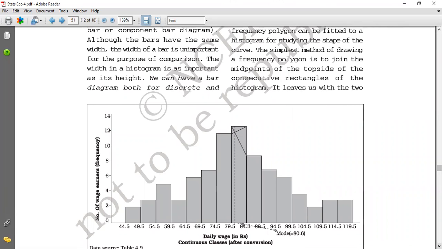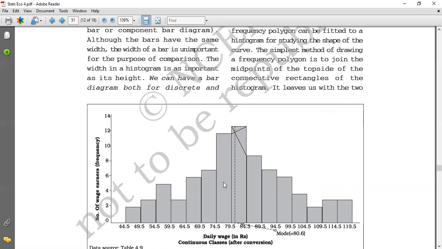Each rectangle is adjacent to the other to give a continuous picture. A histogram can also be used to determine the value of the mode.